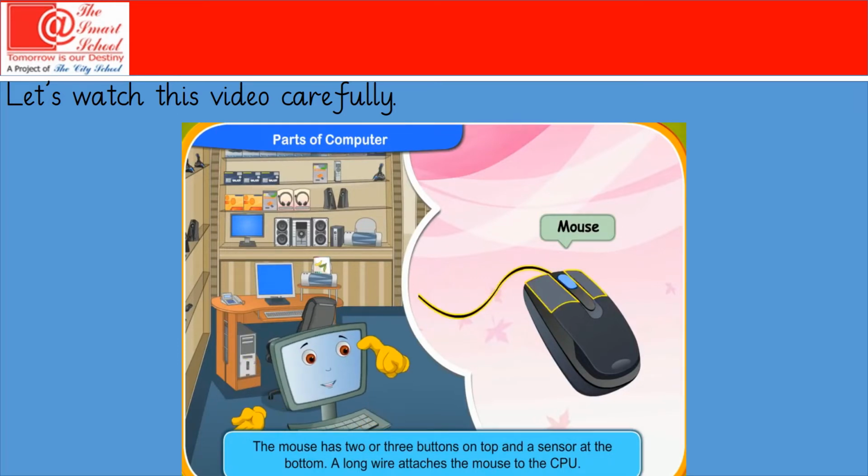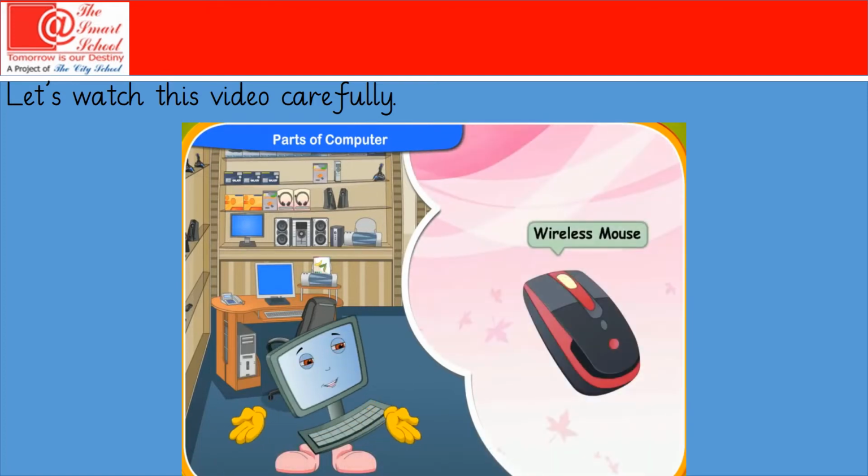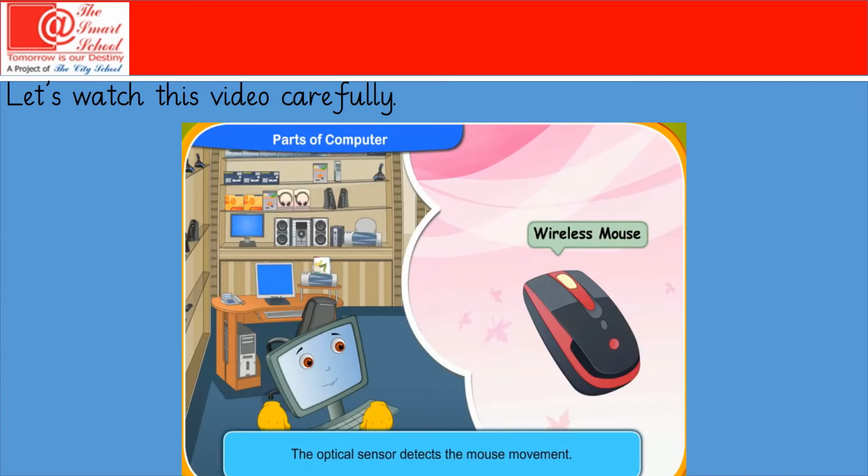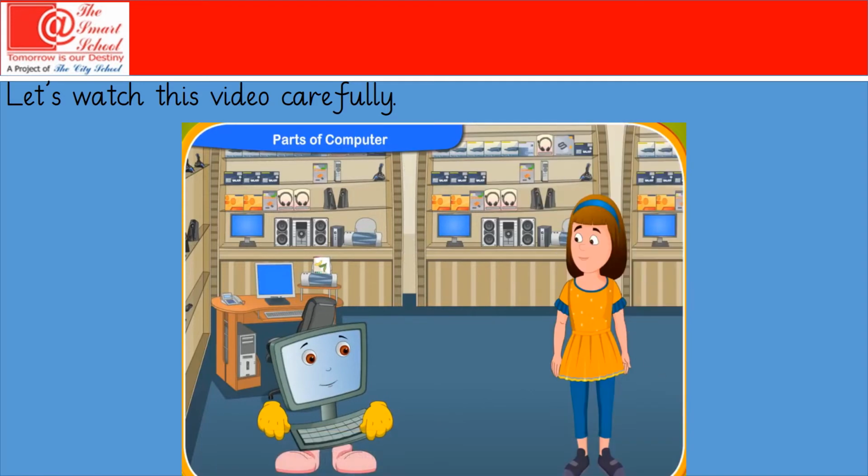A long wire attaches the mouse to the CPU. Nowadays, wireless mouse is also available. Why is there a light under the mouse, Clicko? That is the optical sensor, Rennie. It detects the mouse movement. Earlier, there used to be a ball inside the mouse instead of an optical sensor.